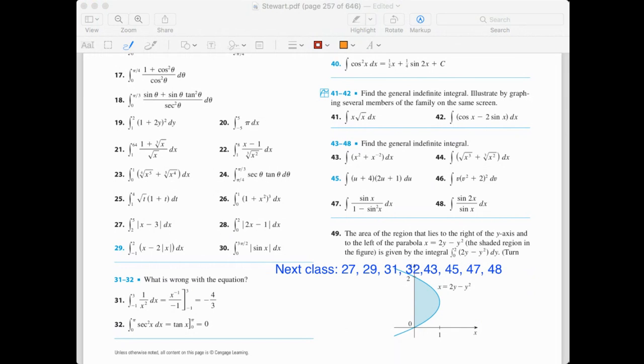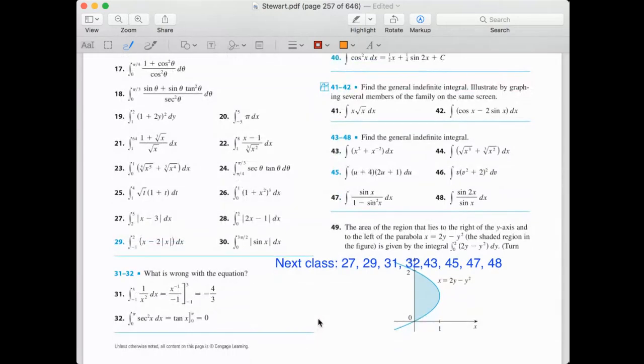Okay, so up to this point, as long as you know the Riemann sum and the definition of the integral, we don't really need the definition or Theorem 4 to evaluate integrals, right?